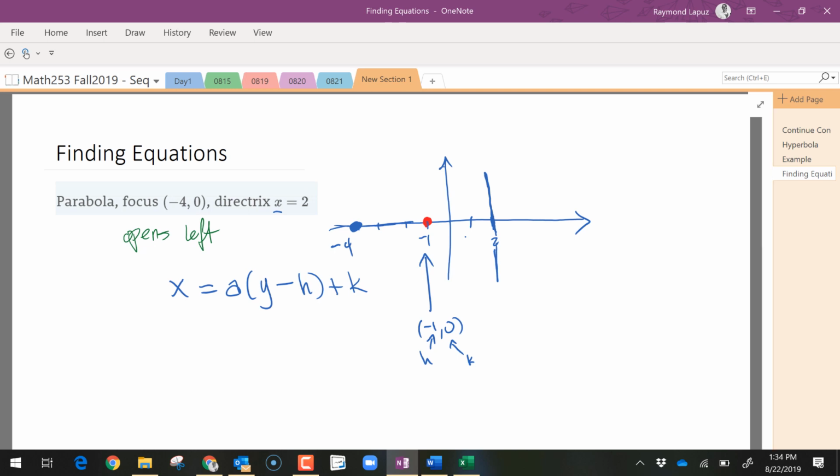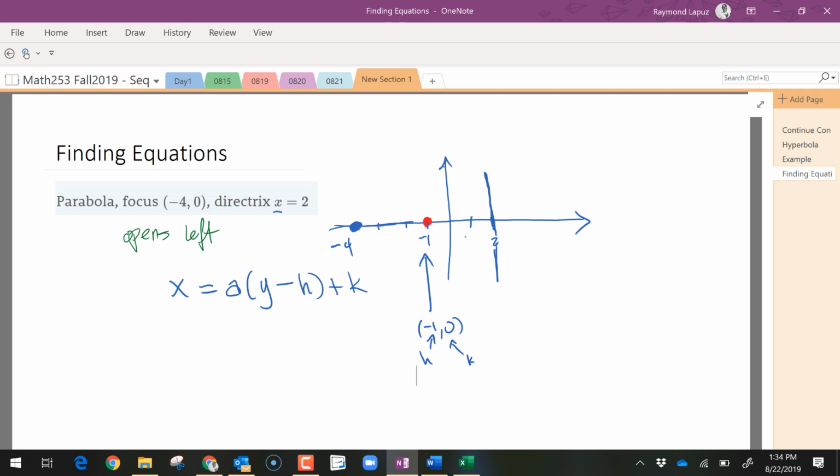And then how are we going to find a again? We can find it using the focus or the directrix, right? What was the equation for the focus? Or the directrix. Which one is easier? I think the directrix is easier because it's just one thing.